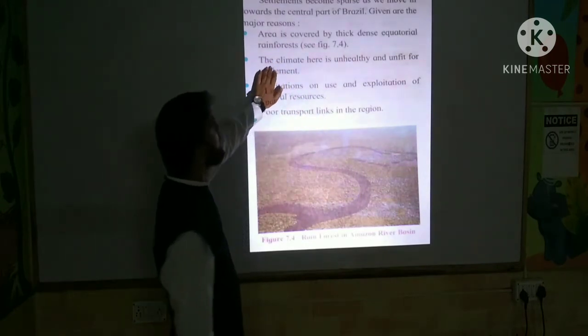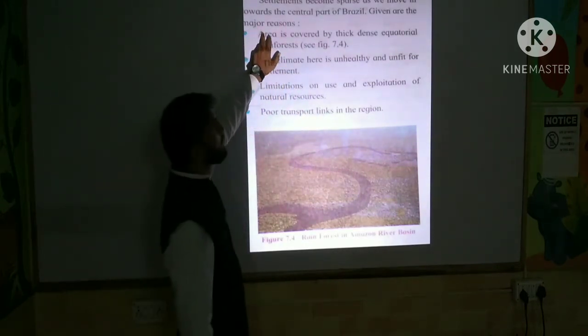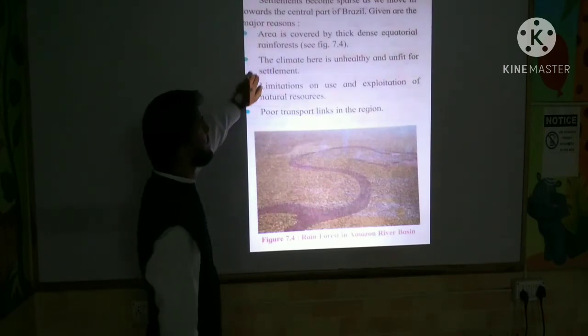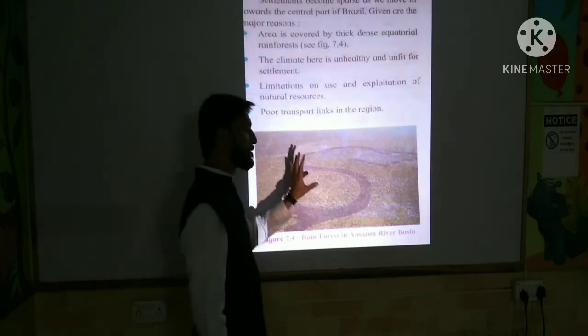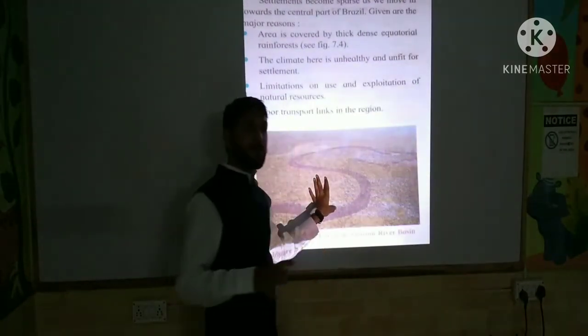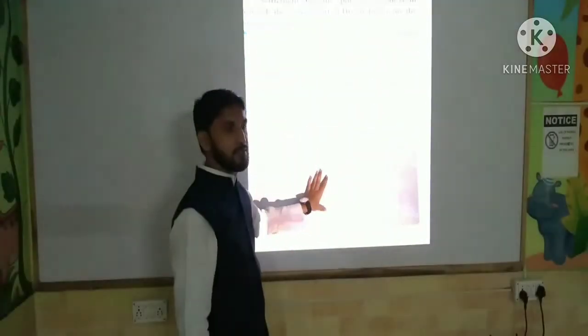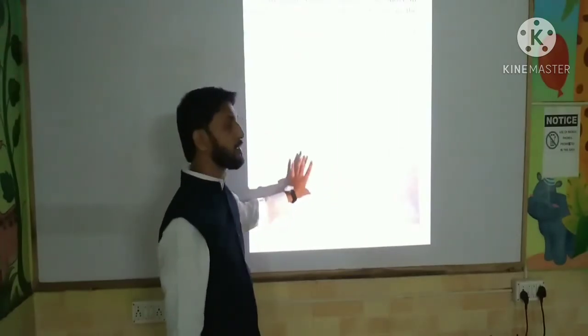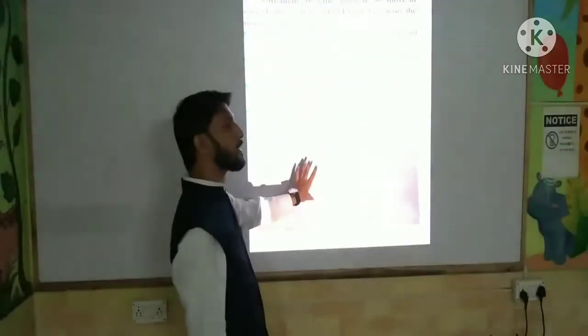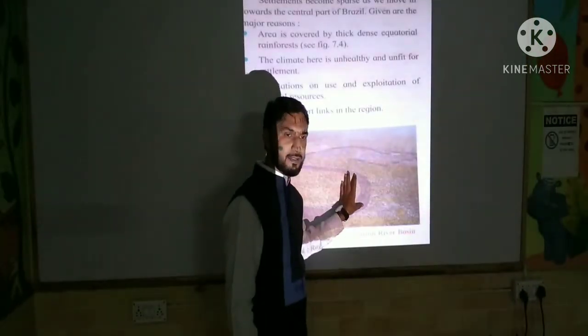Now here also some points are given to us, students. Settlements became scarce as we move towards the central part of Brazil. This is the central part of Brazil, we saw in the map also. The central part of Brazil is a plain region, but it is covered by the Amazon River basin, a low lying area, 0 to 200 meters altitude.